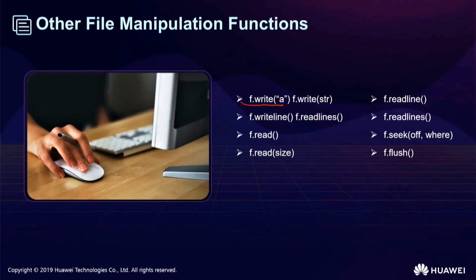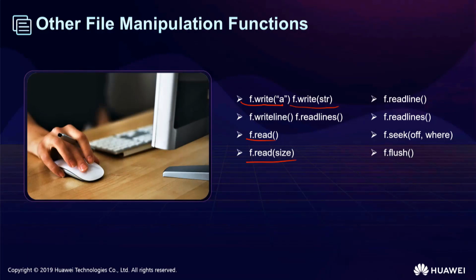Here are more details about writing and opening files. f.write writes a string, and writelines or readlines is similar to the following read functions: f.read, read all, and f.read with a size. Read with size reads that number of characters from the file, and readline will read a line and return an empty string at the file's end.